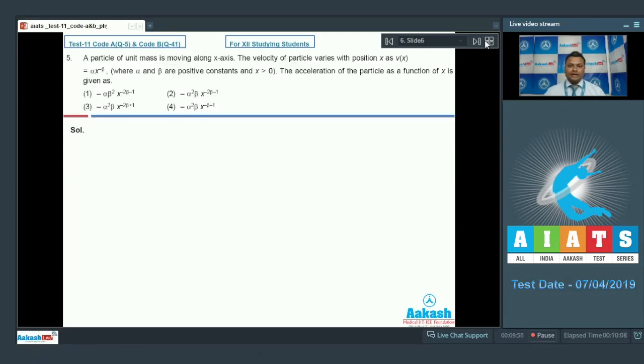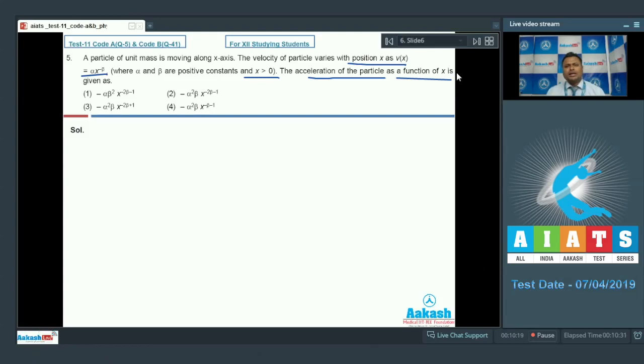Here is 5th question, everyone. A particle of unit mass is moving along x-axis. The velocity of particle varies with position x as Vx equals alpha x to the power minus beta, where alpha and beta are positive constant and x is greater than 0. The acceleration of particle as a function of x will be what?